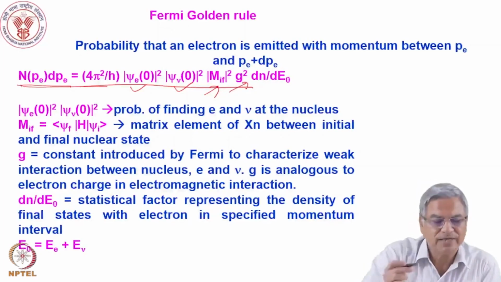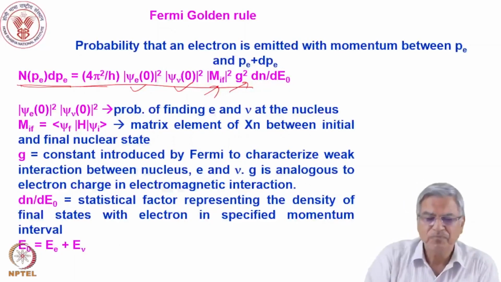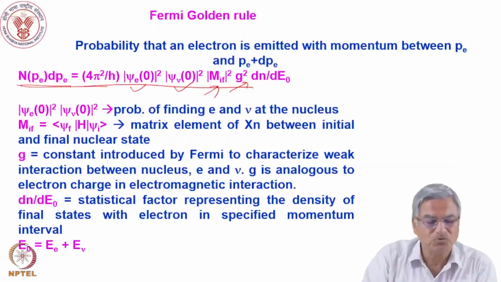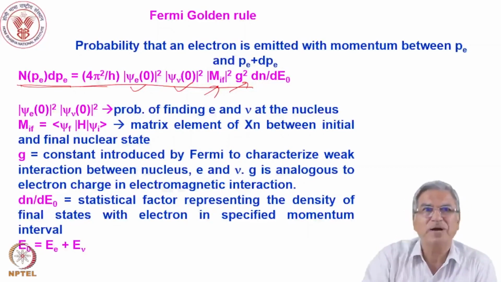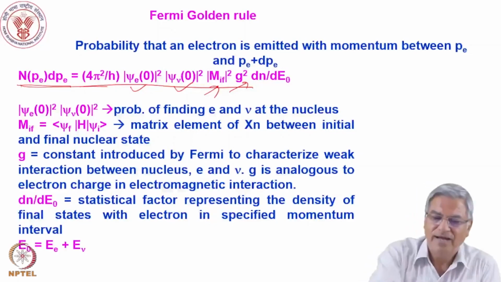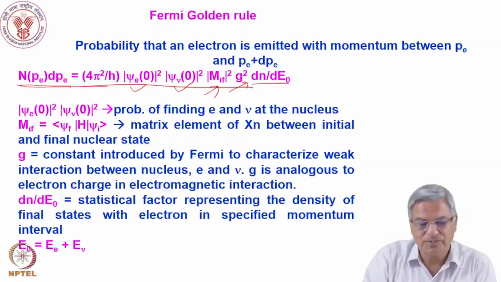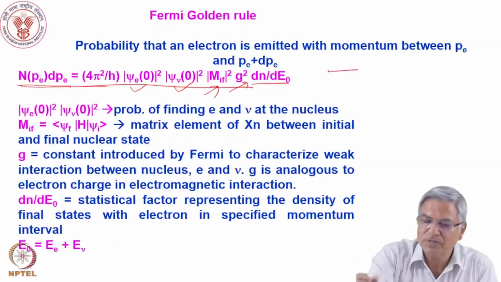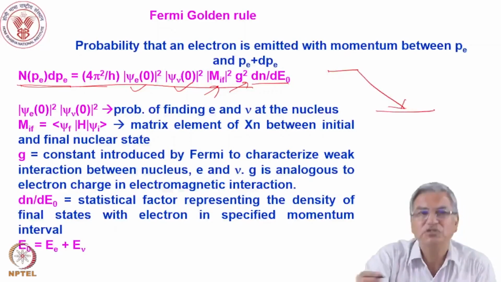G is the factor which Fermi introduced to characterize the weak interaction between the three particles: the nucleus, the electron, and the neutrino. In fact, this G is analogous to the electronic charge in electromagnetic interaction. So it is essentially a charge of weak interaction. And then this is the density, the statistical factor, which is the density of states. So when, for example, a particular isotope is decaying by beta, it will be populating some states.